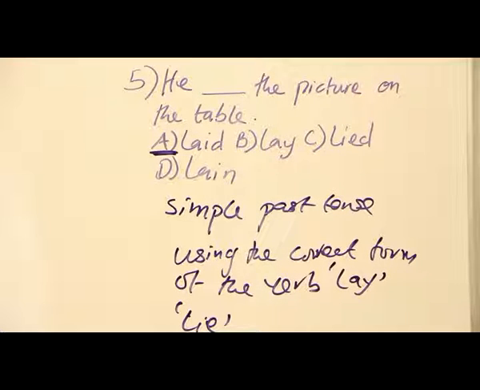But then you must know the correct form or the correct tense of the verbs lie, lay, lain, laid, and of course lied is another thing altogether beside this one. That's the issue of telling lies. The word lie can also be a verb with that type of meaning. So you have a number of things that are used in determining the answer here. You lay the picture on the table.